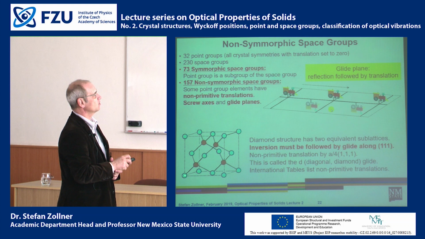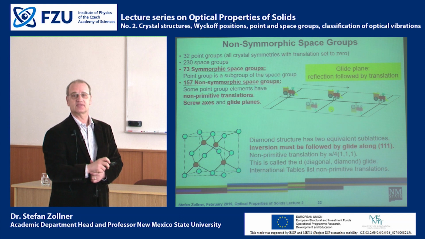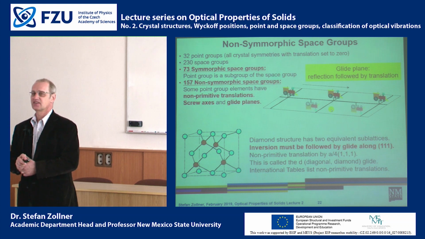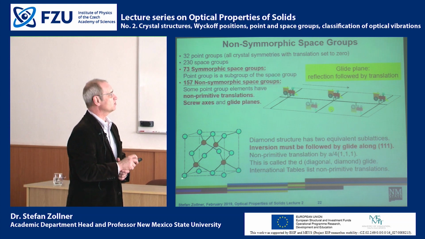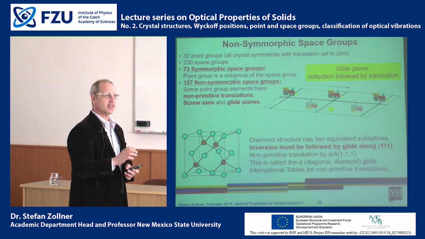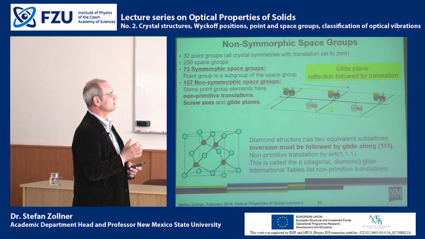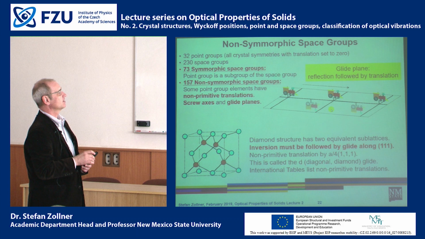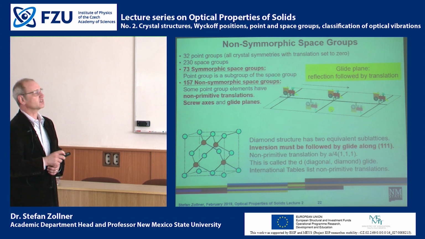So the origin is located here, and now I operate the inversion on this crystal. So what will happen? This red atom will move here. So obviously, if I use the point origin and execute the inversion operation, then the crystal looks different.